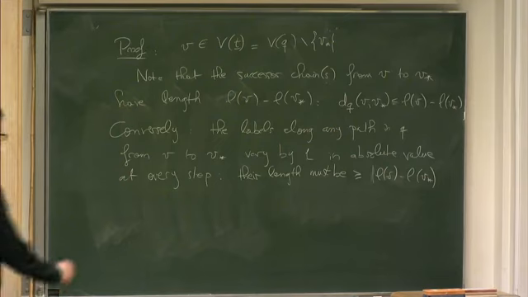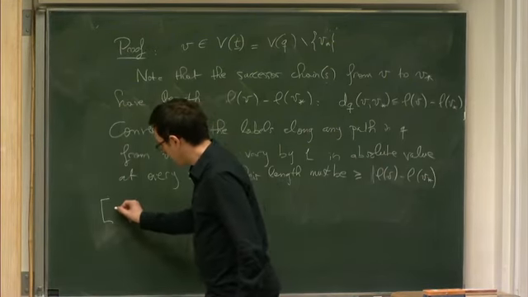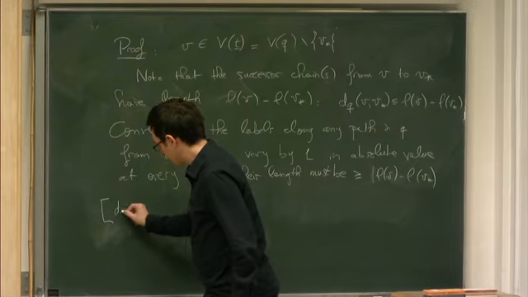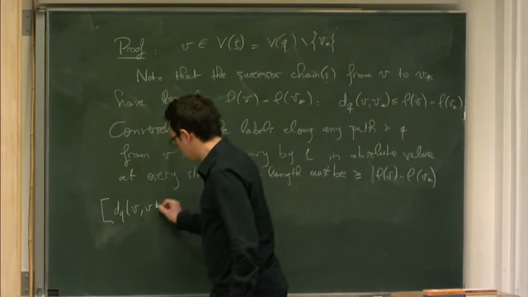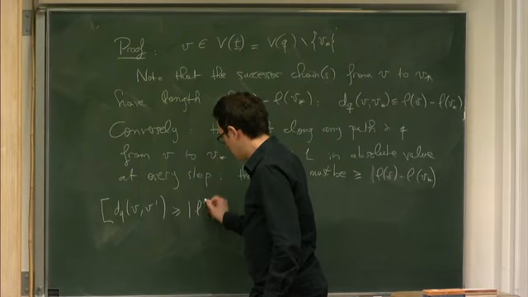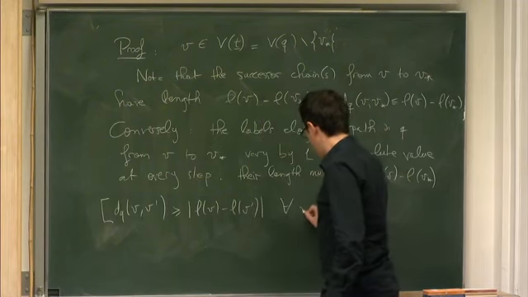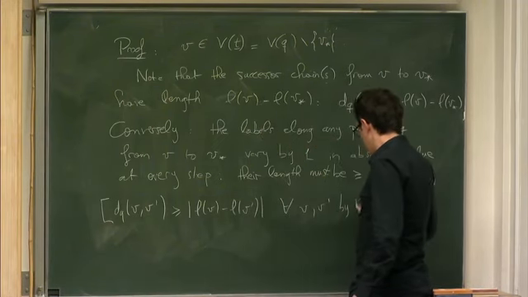More generally, the same proof says that the distance between v and v prime is bigger than the absolute value of l of v minus l of v prime for every v prime.